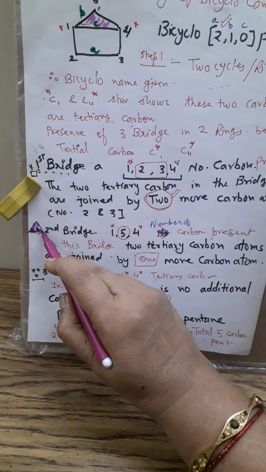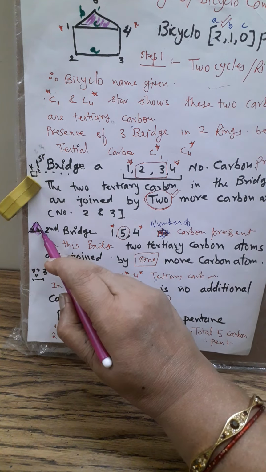See, you draw all these things, then see here, bridge A I have discussed, there are 2 carbons in between the tertiary carbons, so we have given number 2 to this. In the square bracket we have to write 2 first, that is the first bridge. And then the second bridge, that is the triangle, 1, 5, 4, there is only 1 carbon, so the number of carbons present is 1.